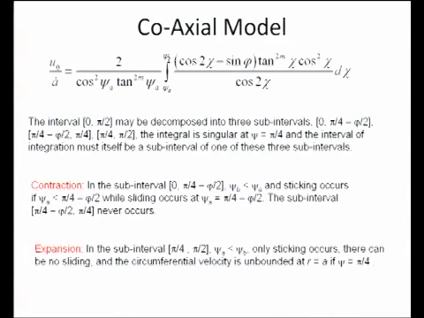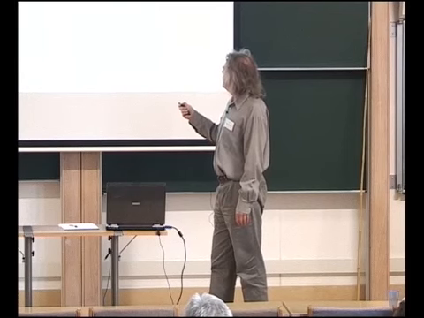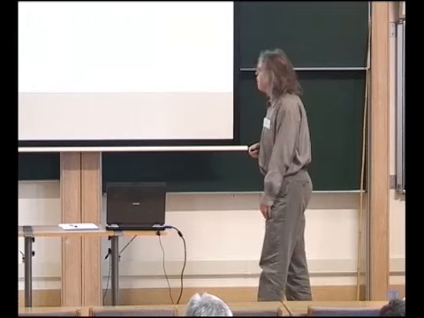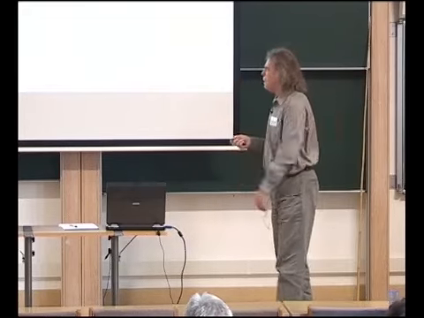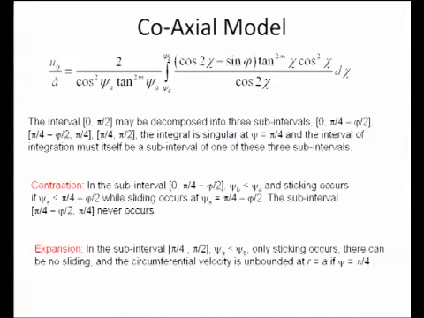It is compression or expansion of the cylinder. In the case of contraction, there are two possibilities, and one is the subinterval from 0 to this value, and in this case this relation between psi b and psi a is satisfied, and sticking occurs. So there is no sliding. Sticking occurs in this case. And if Ca is less than this value, sliding occurs at psi b equal to this number.